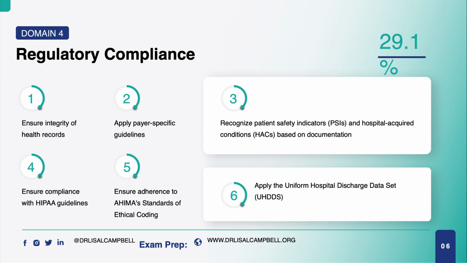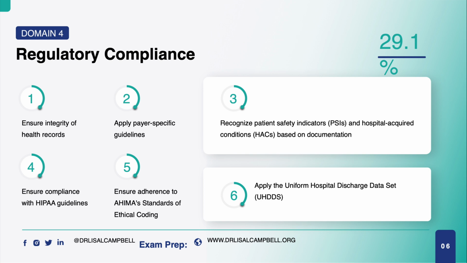All right, so I guess I'm going backwards now, right? Task 3, recognize patient safety indicators and hospital-acquired conditions. So patient safety indicators, there's an organization that provides great information on what patient safety indicators are. What are the indicators for this current time span? And then when it comes to hospital-acquired conditions, I want to give you a connection.